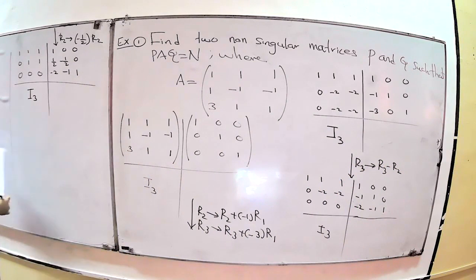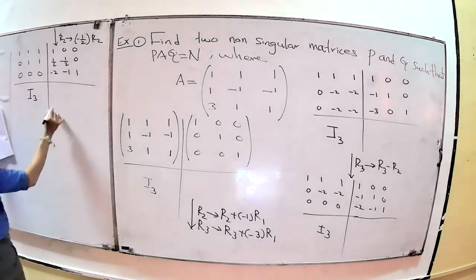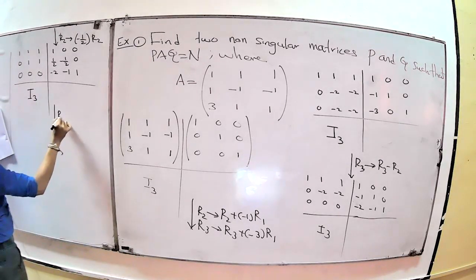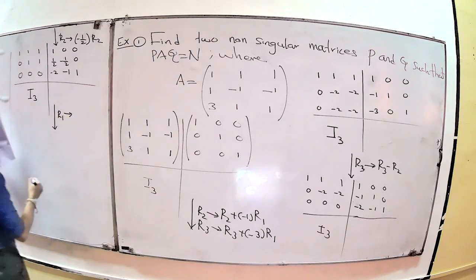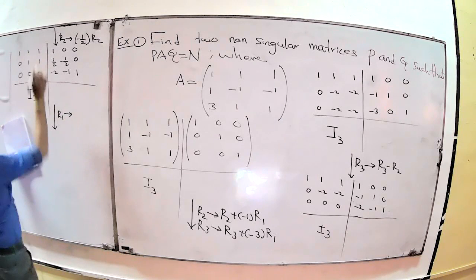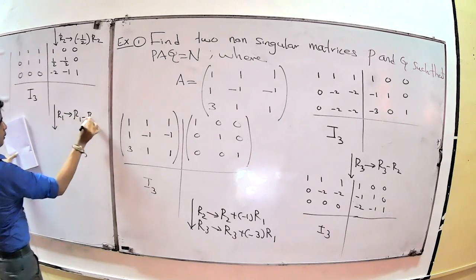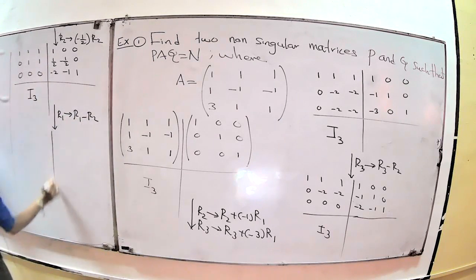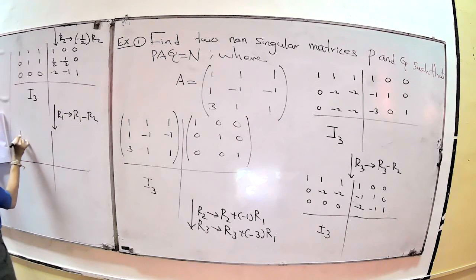Now you can do the row operation, R1 replaced by R1 minus R2, since here 1, 1, 1. Is it okay? Then you get here 1, 0, 0, 0, 1, 0, 0, 0, 0.